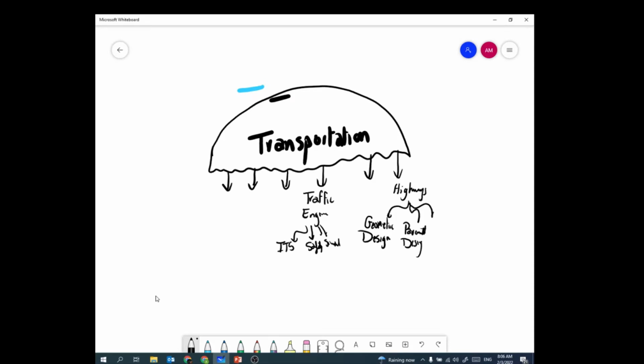There are other topics that we discussed in class. Let's also talk about, for example, fleet, or public transportation. All these are topics that go under transportation. This is what our class is about: we try to pick different topics, and we're going to introduce all of these things in our class, and part of that is highway design.